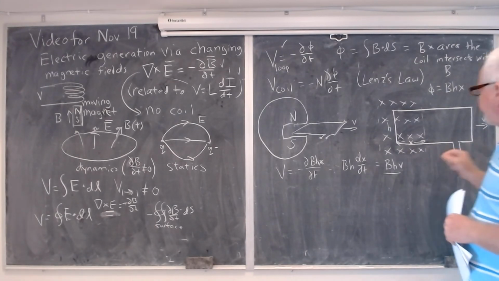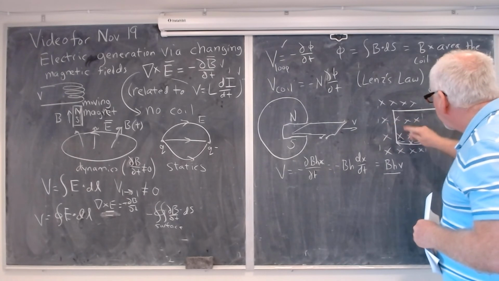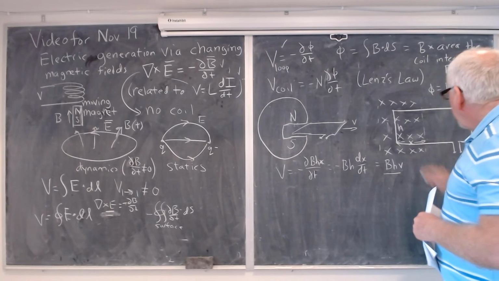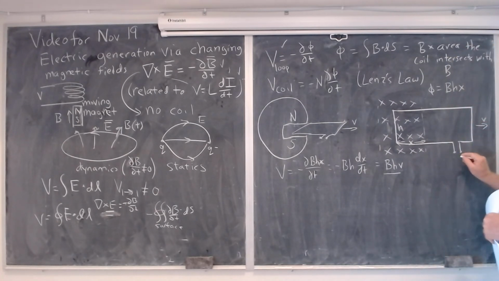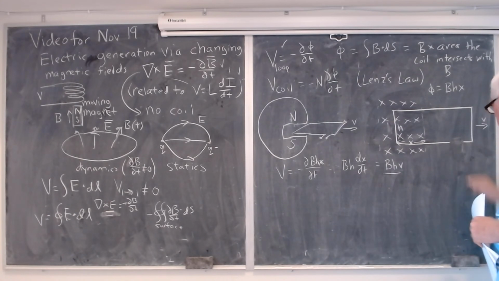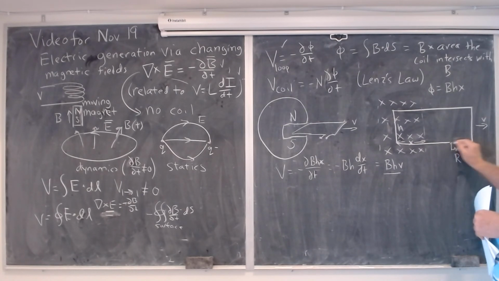Now, let me redraw my H over here. If I put a resistor here, I didn't make enough room for a resistor, then current is going to flow.